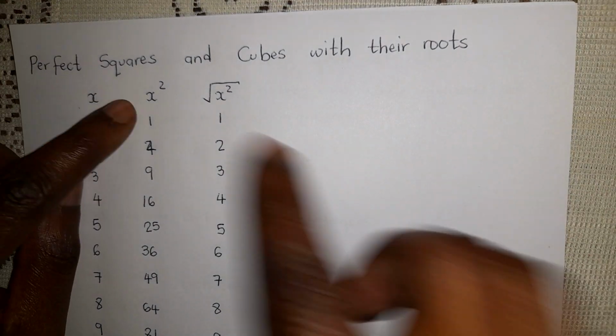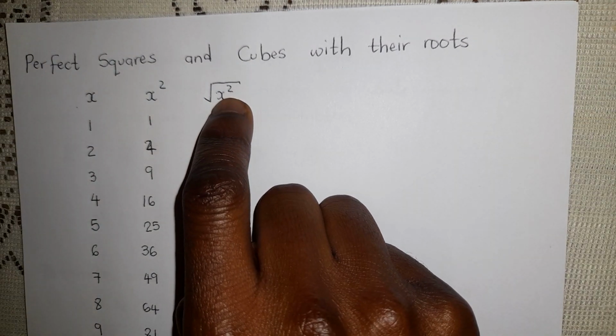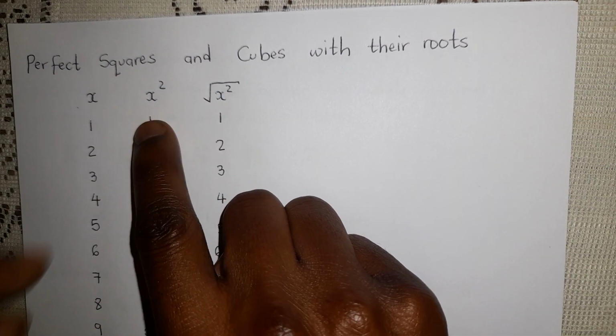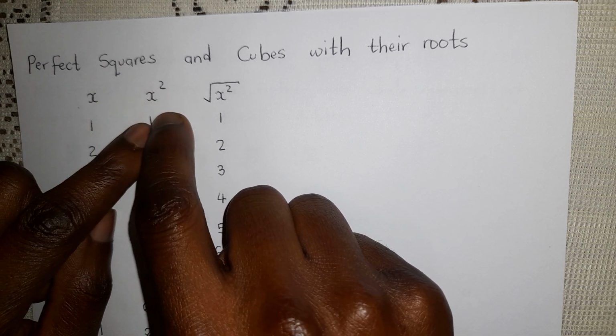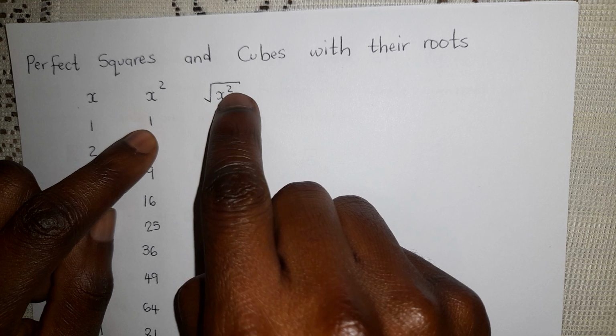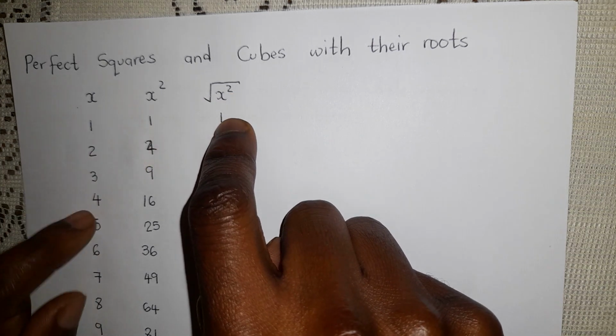So if we're talking about a square, we'll talk about its square root. If I take 1 and square it, I get 1 back. Similarly, if I take the square root of 1, I get 1 back.